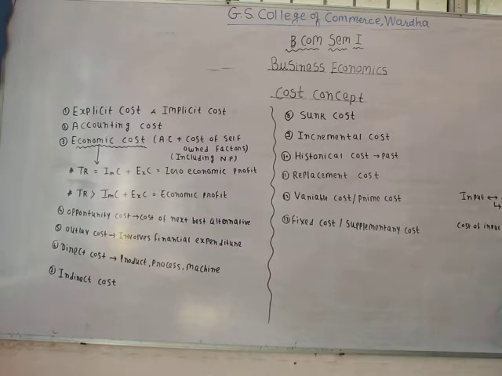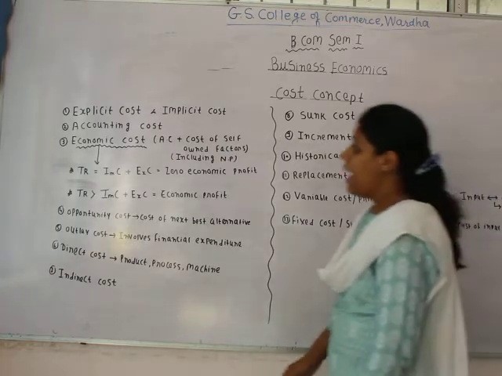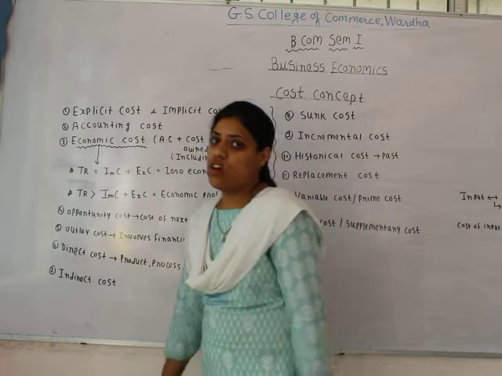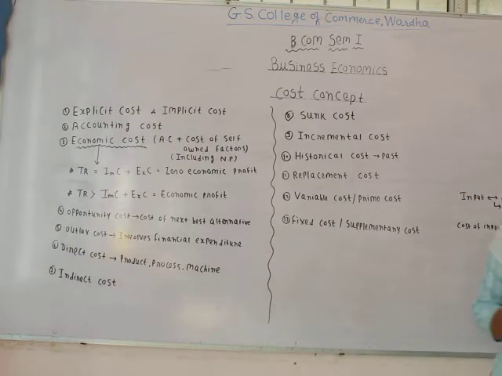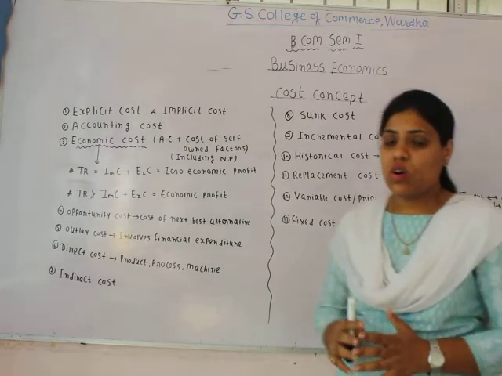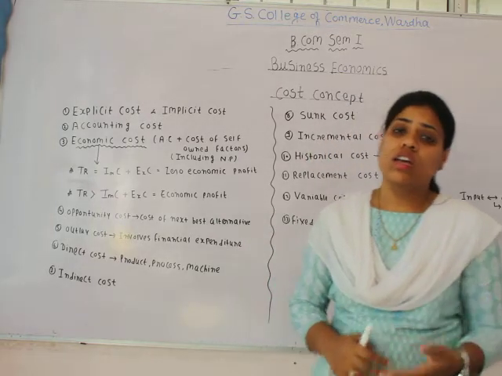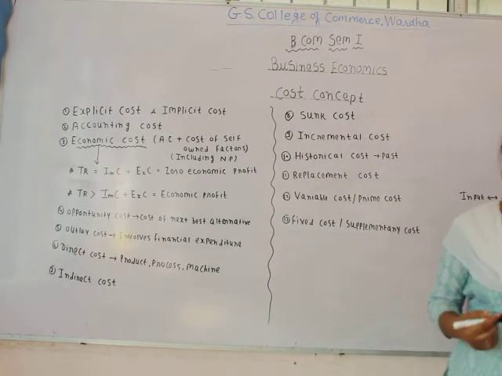Now we will see the various types of cost. So first one over here is explicit cost and implicit cost. What is basically the explicit cost? When we talk about the explicit cost, it is actual cost which is incurred by an entrepreneur.